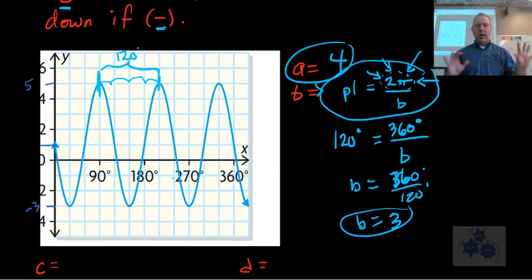Okay. So this is where it gets maybe a little bit tricky. If we're talking about a sine graph, what you kind of have to do is start at 0 here and try to find where the beginning of a sine graph would be. So where is the nearest beginning to a sine graph? Well, this is an upside down sine graph, but this wouldn't even be the beginning here, would it?